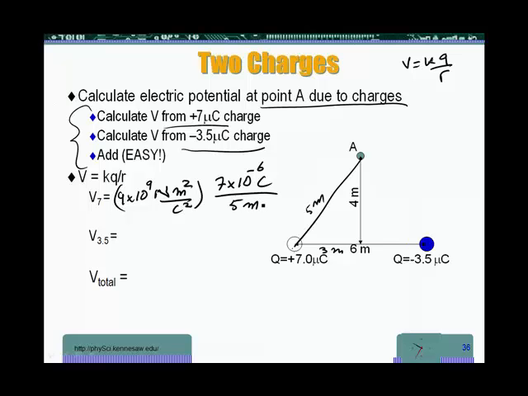Okay, so we can probably calculate this without using our calculators. 7 times 9, 63. 63 divided by 5. I'm using a calculator here. 12.6, and we have 10 to the 3. So it's 12.6 times 10 to the 3 volts.